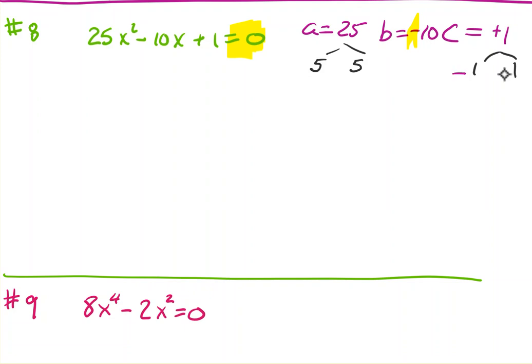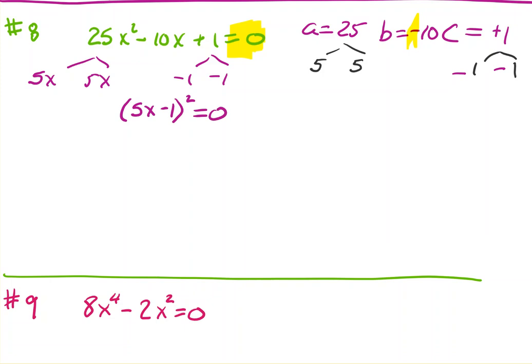So it would be a negative and a negative. All right, let's try this one out. So we're going to do 5x, -1, -1. Well, since everything's repeating, you know it's going to be 5x minus 1 squared equals 0.